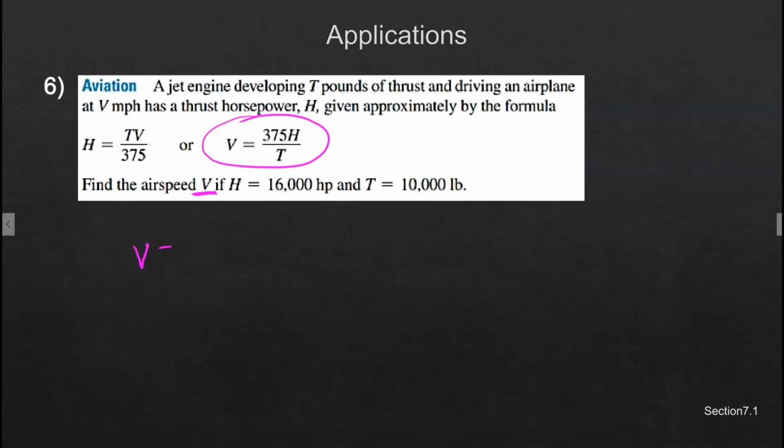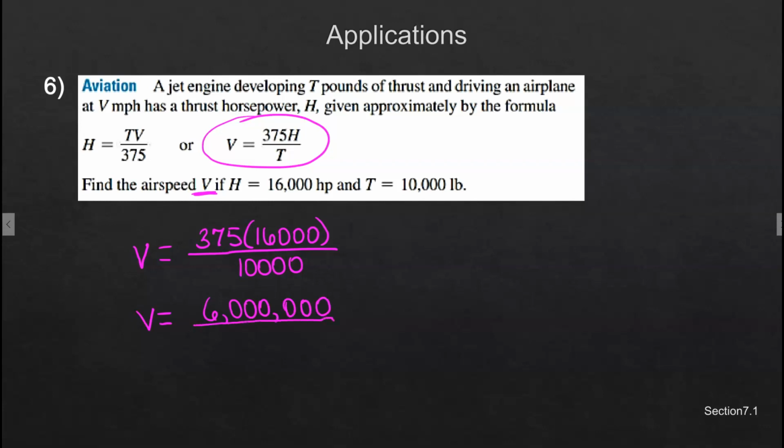So V equals 375 times H, which is 16,000, and then T is 10,000. So we multiply that out, which gives us 6 million. I'm going to write those out with commas so we can see how many zeros there are. And that actually means that without a calculator, we can do some of this.